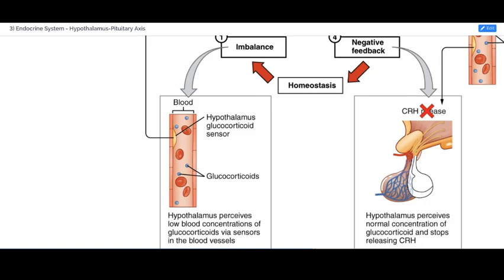But here we're just talking about what's controlling the regulation of those hormones in the system. So glucocorticoid levels get out of balance, disrupting this homeostatic loop.